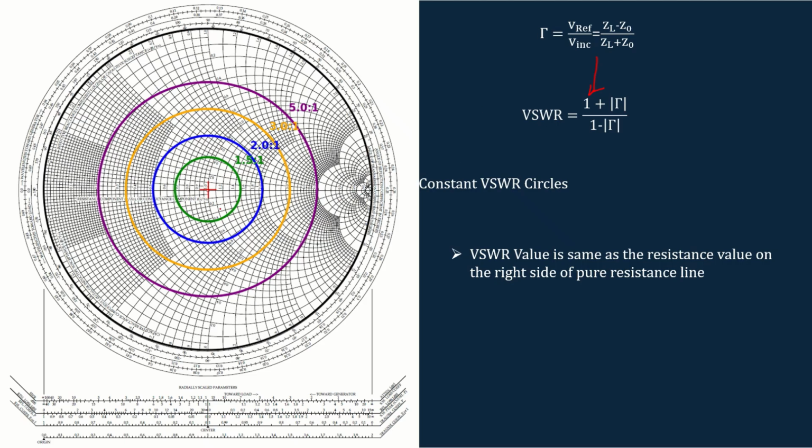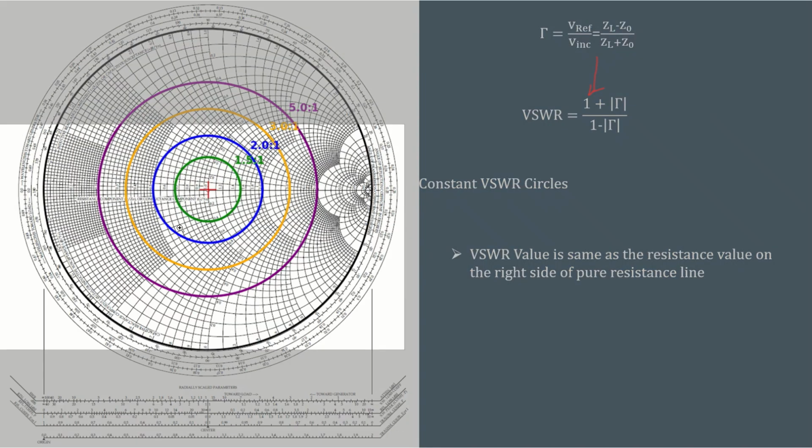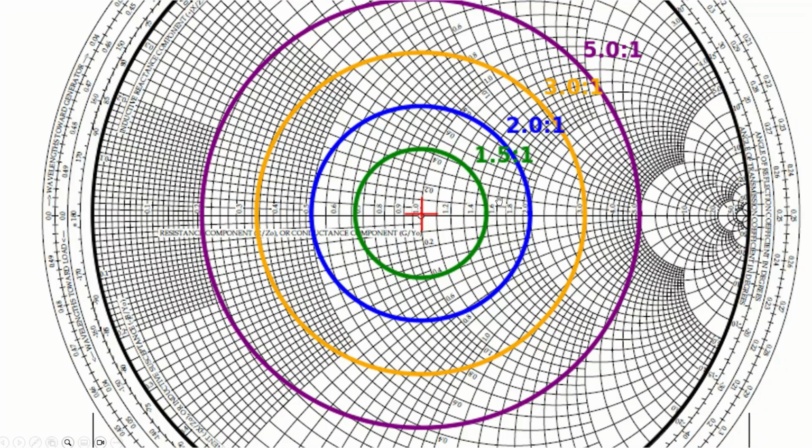If you draw the constant VSWR circle like this, and I'm just zooming in here, you can see that this is the constant VSWR circle corresponding to VSWR 1.5. It crosses the pure resistance line.